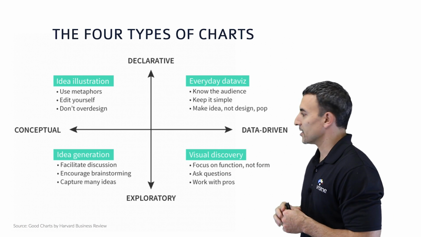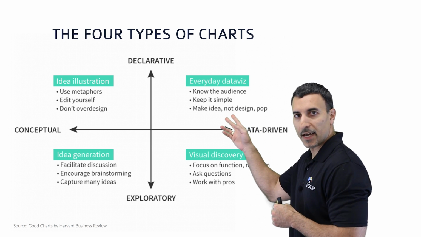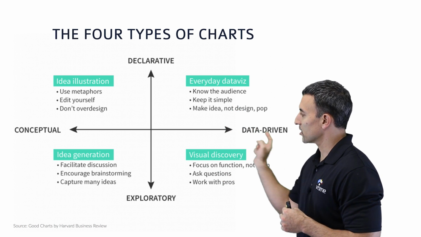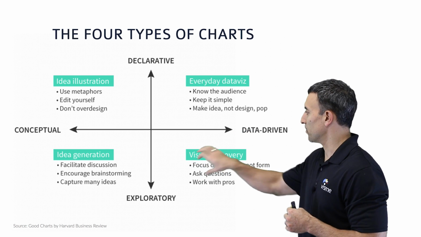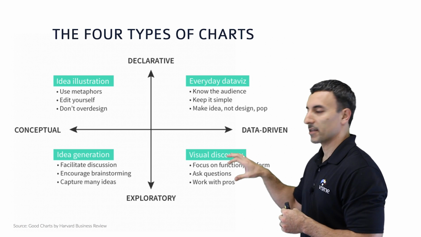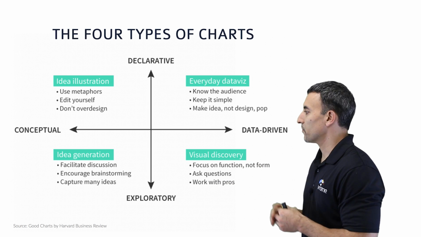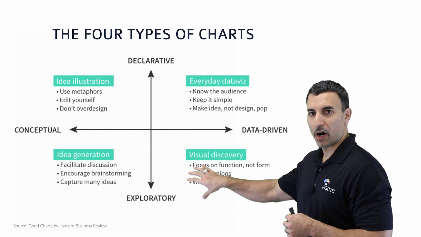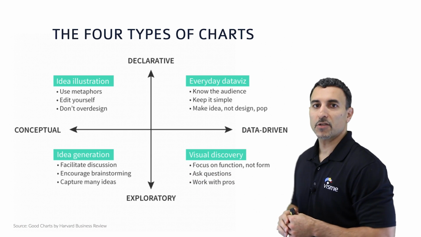And also, is it declarative or is it explanatory? With that, you create this cross line, and depending on which quadrant you fall into, which I'll show you in a little bit, you're going to decide the type of chart you're going to use. So, for example, if you're explaining a concept, you're going to be in the lower left quadrant, and so on. That's how you do that.